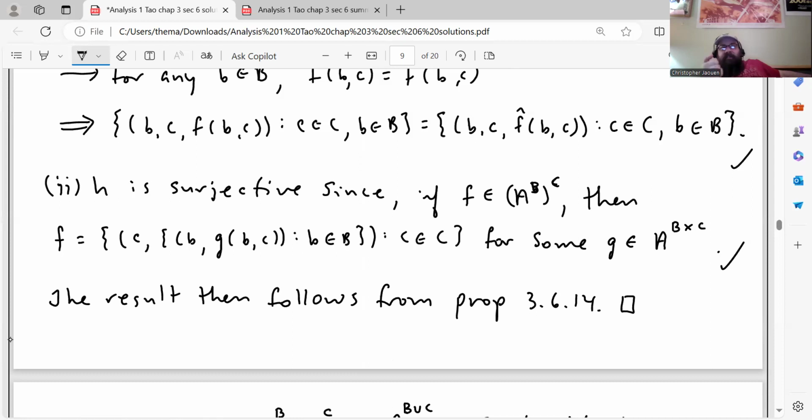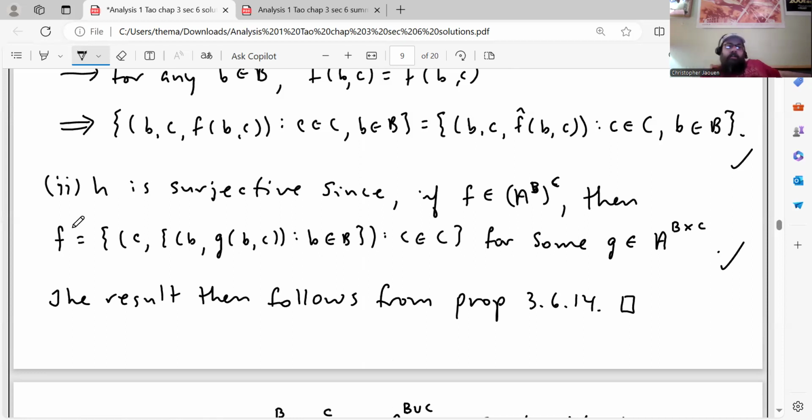This is the graph of the function f, obviously. Hopefully that's clear. f equals the set of ordered pairs that I have written out here for some g in the second set. The result follows from proposition 3.6.14.